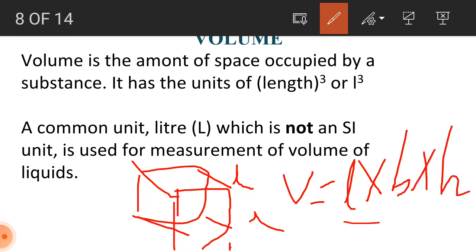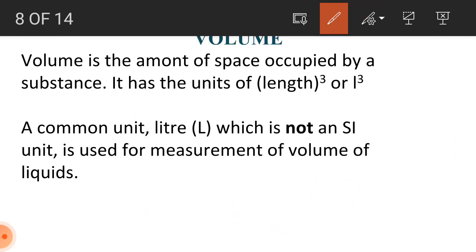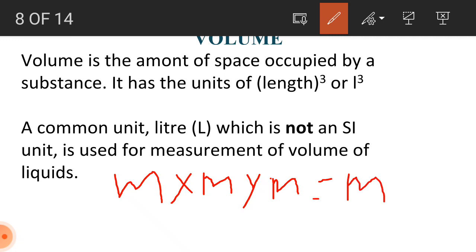So if all these are equal, then the answer for volume will be L cube. And we know that the unit for length is meters. So meters into meters into meters is meter cube.